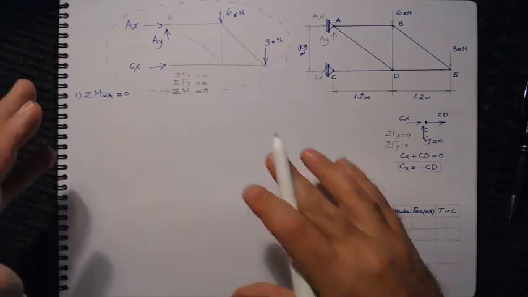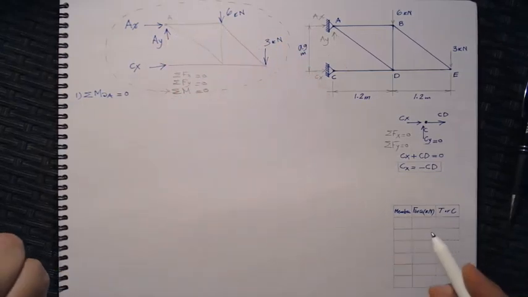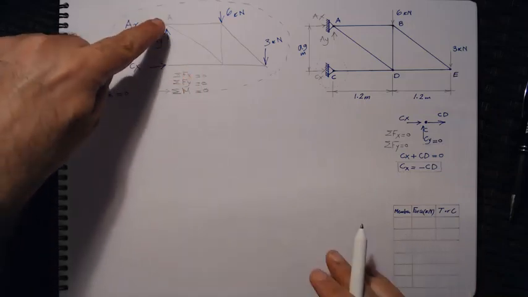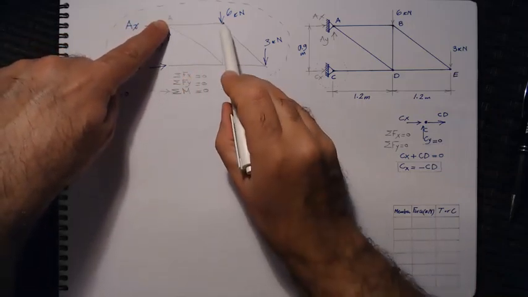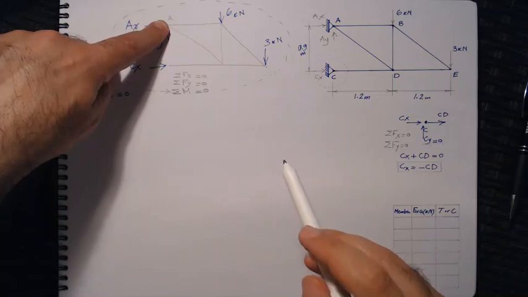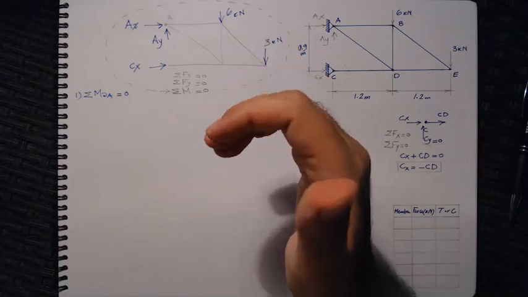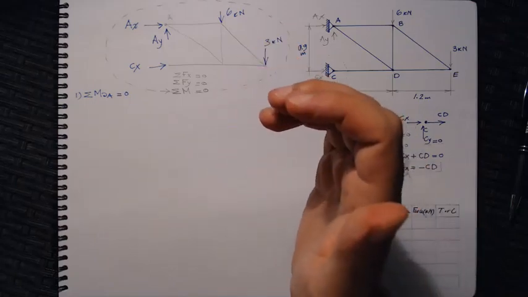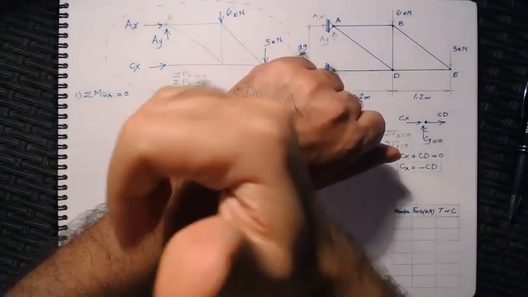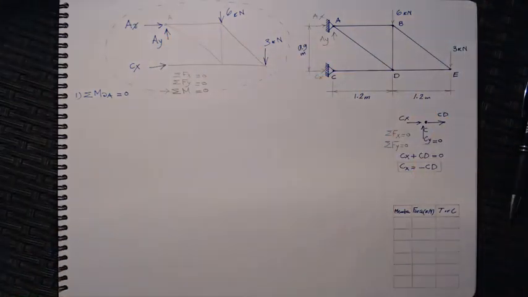So what are the forces that cause rotation about A? In order for you to do that, it's very simple. Just put your finger at the point of rotation and then observe what are the other forces that cause rotation and what's the direction of rotation. So I mentioned the right hand rule. If you put your right hand over your watch and see what counterclockwise direction is, you'll see that your thumb is up.